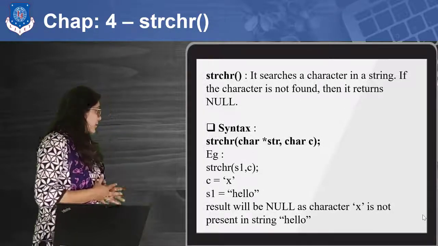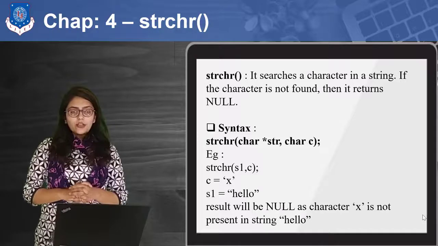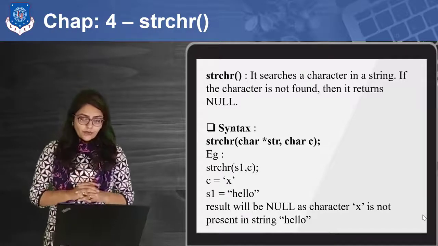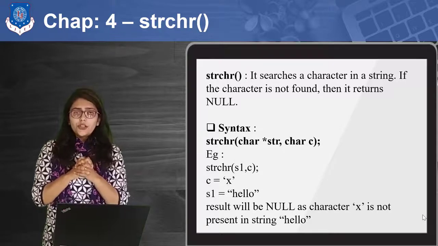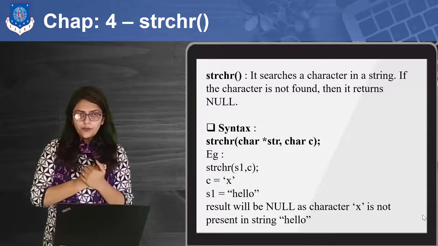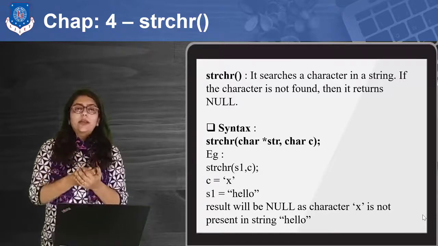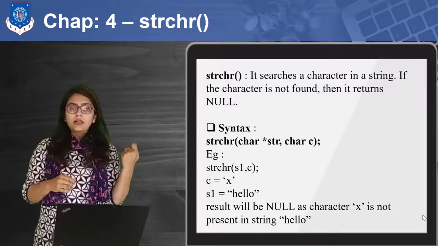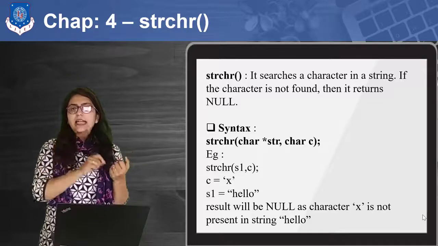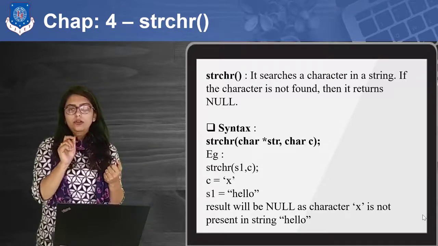Now the second last function is all about strchr, which is the string character function. This function will take one string value from the user and one character from the user, and it will check whether this string contains that character entered by the user or not.